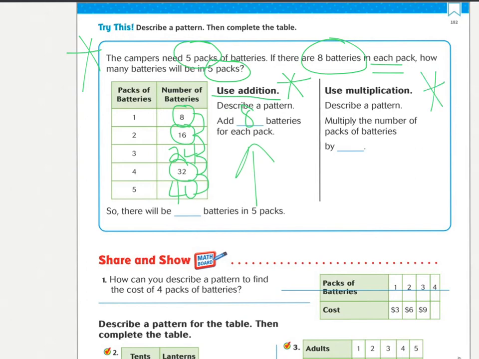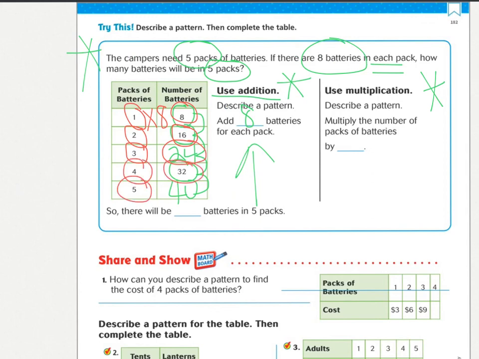Another way would be to use multiplication. Describe a pattern. If we look and see how the packs of batteries are related to the number of batteries, we can see that 1 times 8 is 8. 2 times 8 is 16. 3 times 8 is 24. 4 times 8 is 32.